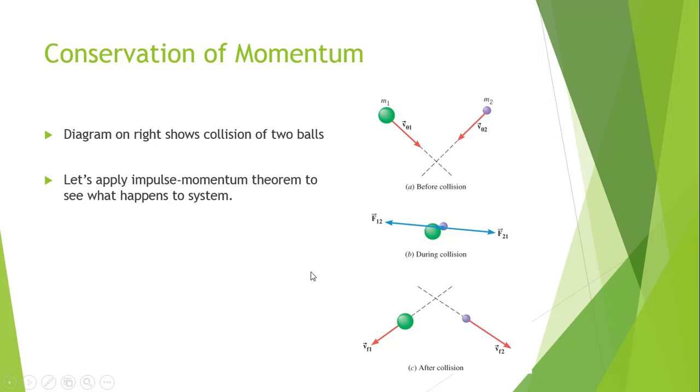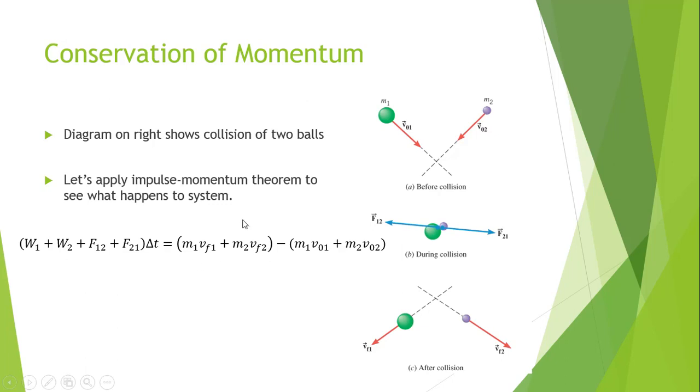So let's apply impulse momentum theorem to see what's actually happening in the system. So we get kind of a messy equation here. What we have is some forces that are external forces here. I'm just going to call them W1 and W2. And then some forces that are internal forces over here. These are the forces that are actually happening in the collision.